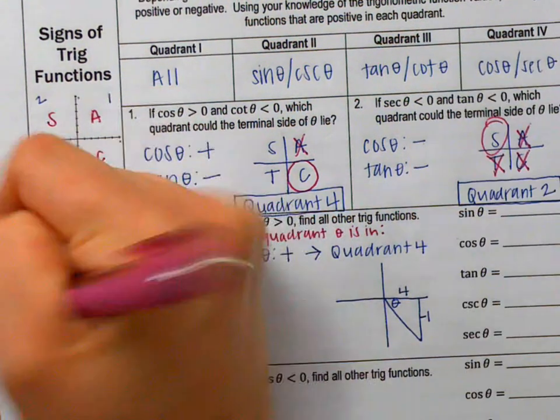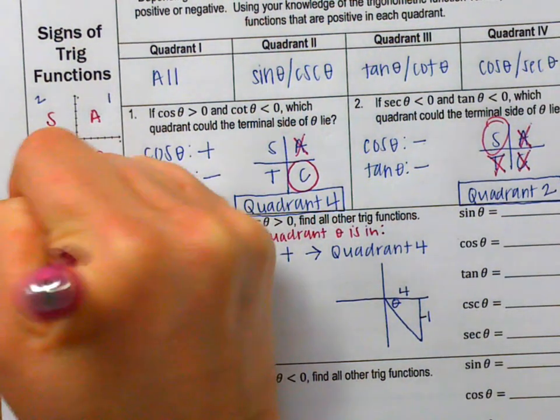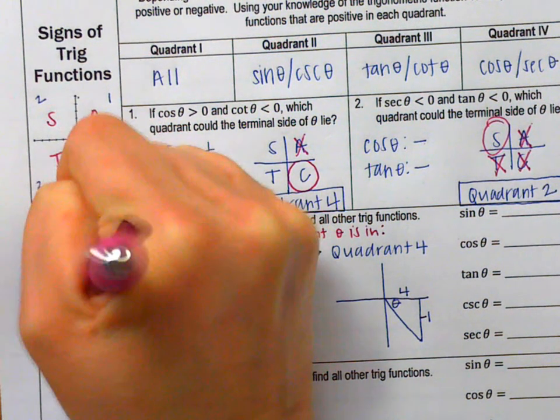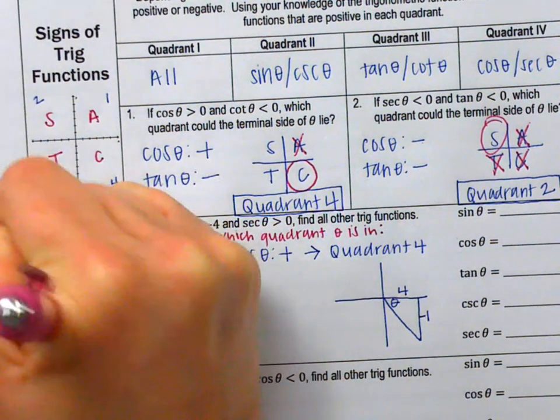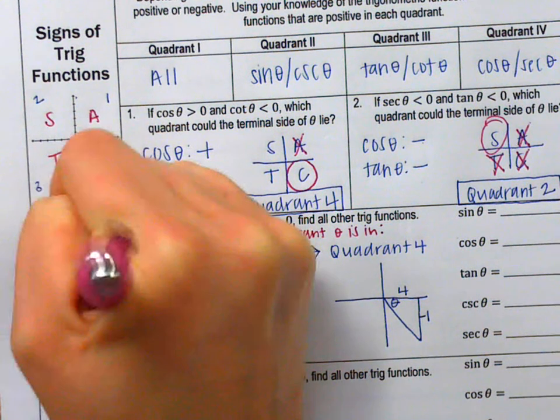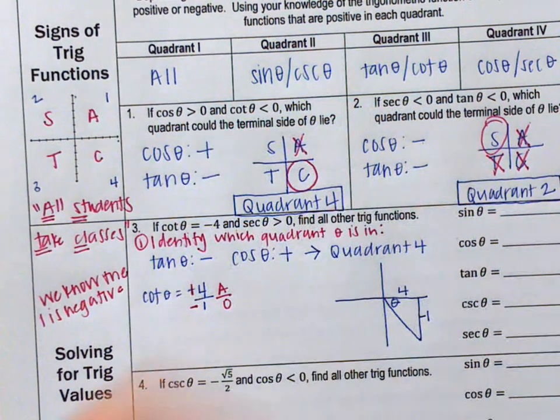So we know the 1 is negative after looking at the graph.